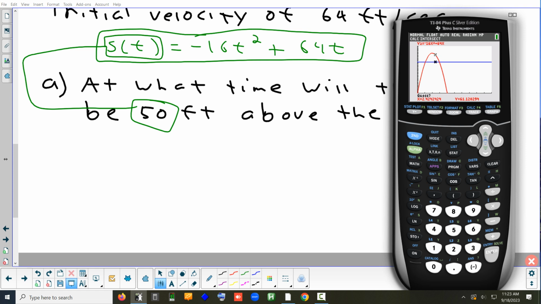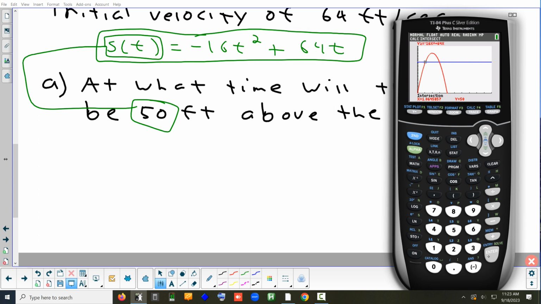And hit enter. Now the third thing it's going to ask you is the guess. The guess is what matters. Put your guess closer to the one that you want. I want the left one, so I put it on the left one. And then I hit enter. And I get 1.06.